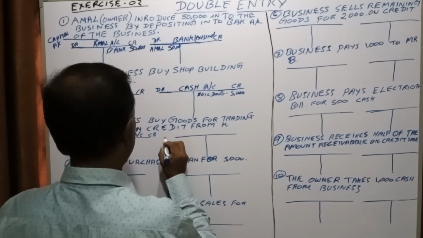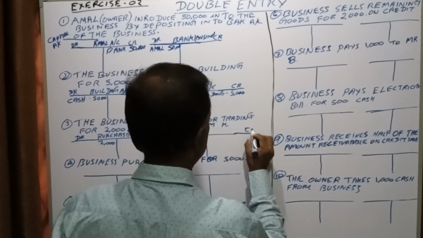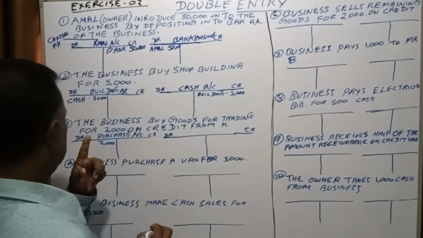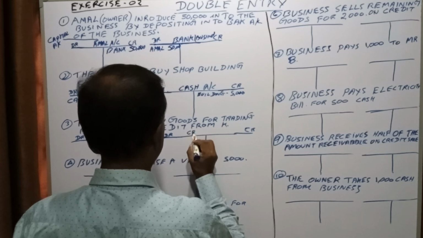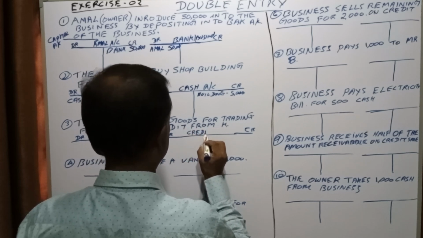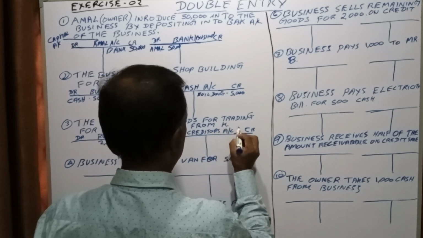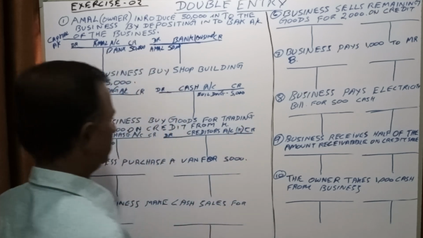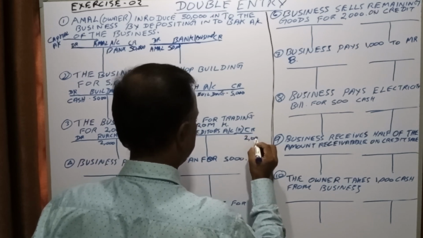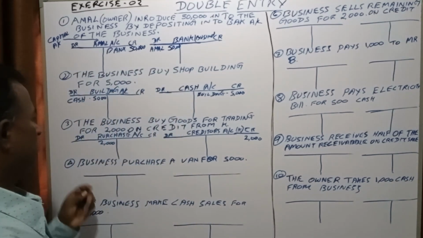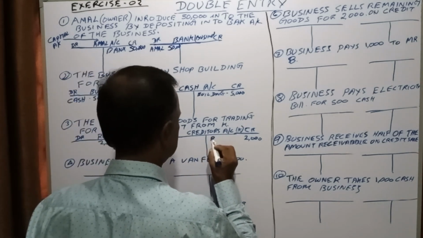So this side is dr and this side is cr. Then we have to say creditors account. So we are crediting the creditors, amounting to 2000. What is the reference we are going to give? Here you have to say purchase.